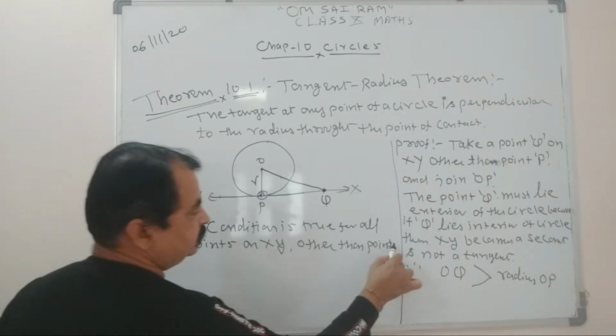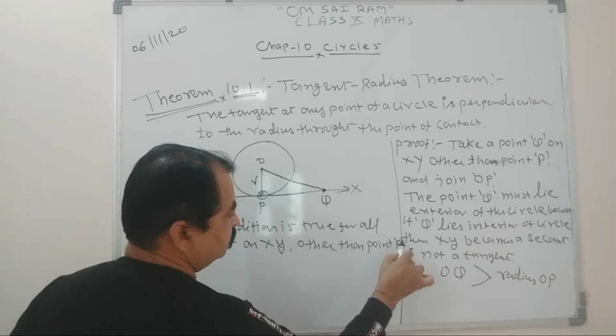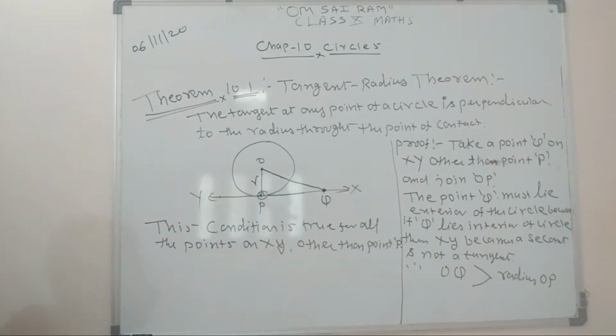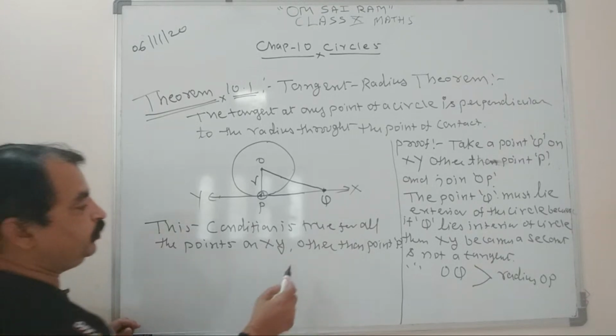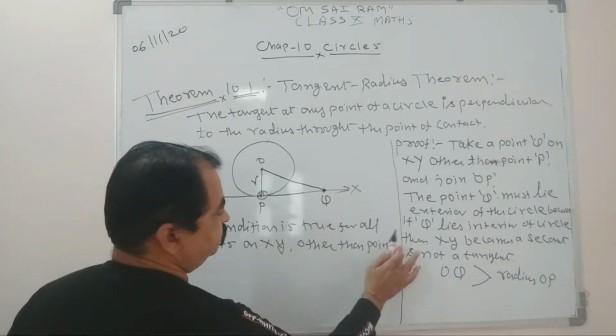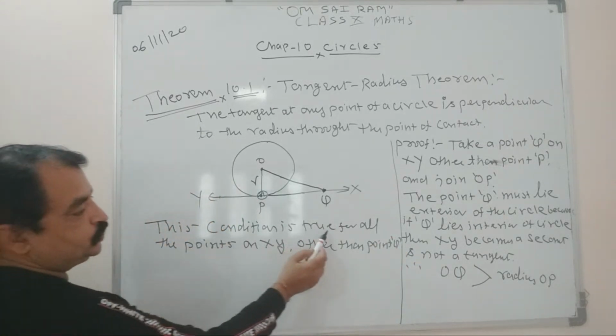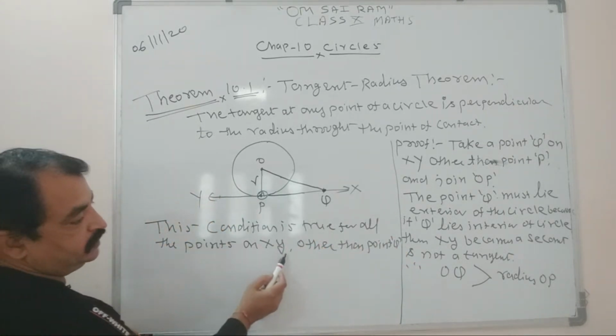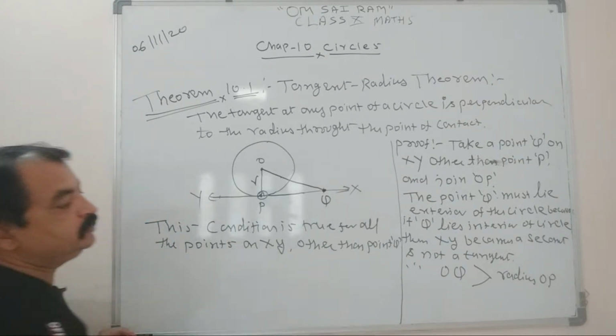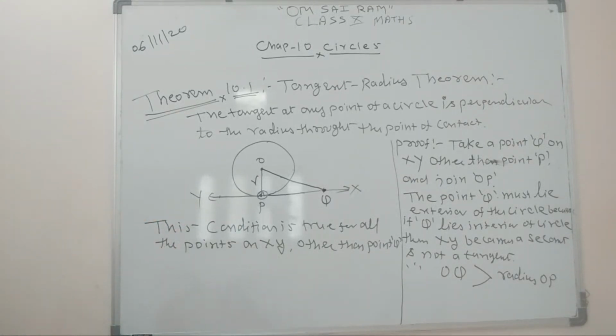Other than point P, children. Right? That means there is only a point P, children. P is the contact. Okay? This condition is true for all the points on XY other than the point P. Right, children?